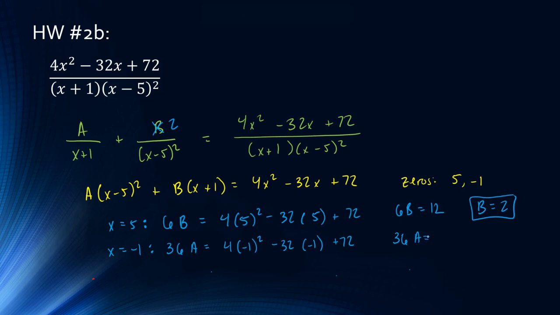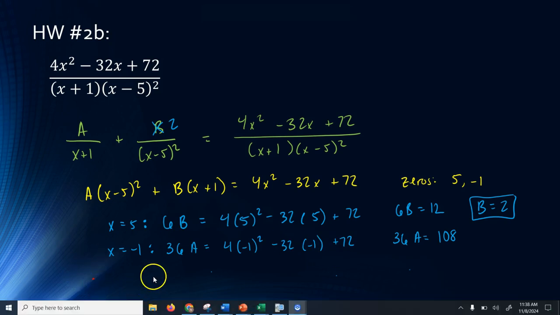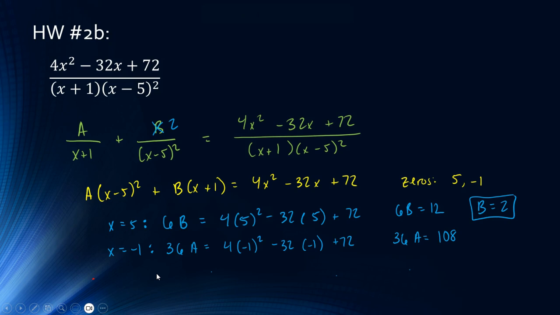And I believe you end up getting 108. Yep, that's 108. The last step, divide both sides by 36, and we get our a value is 3. So we just found our a and b values would be 3 and 2.